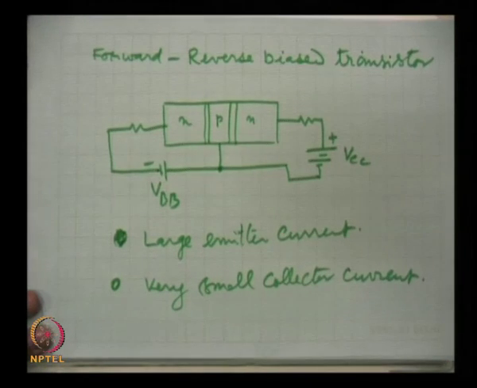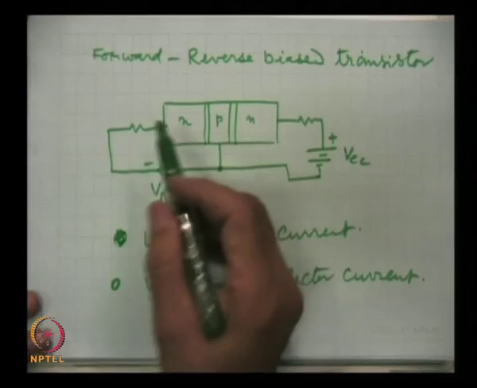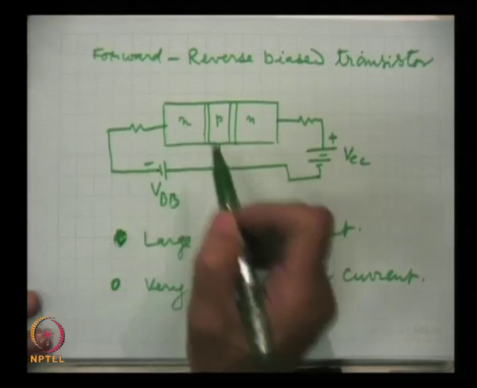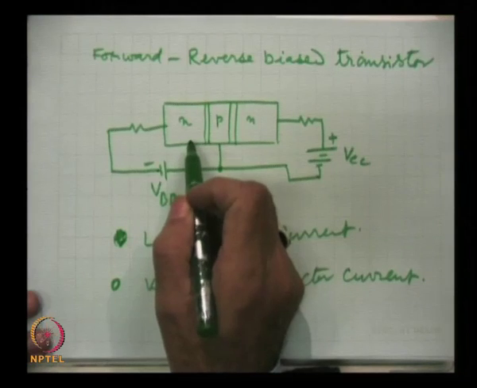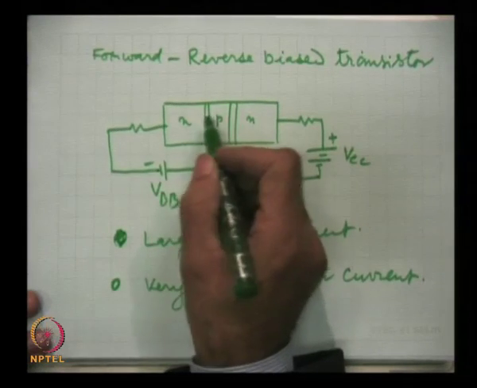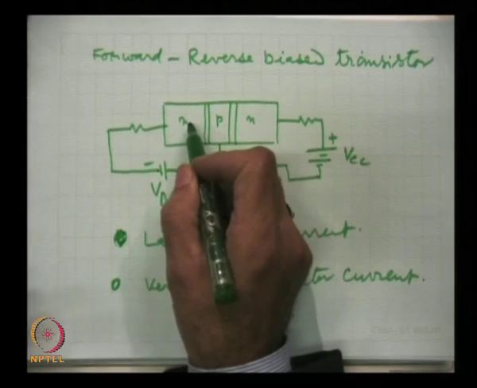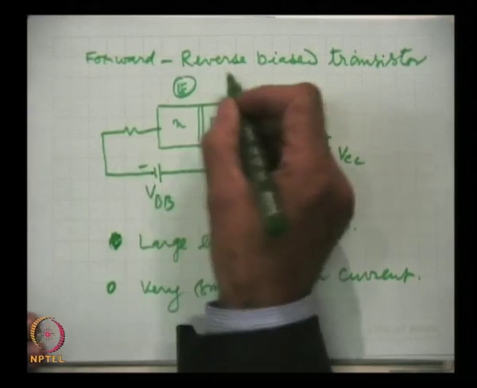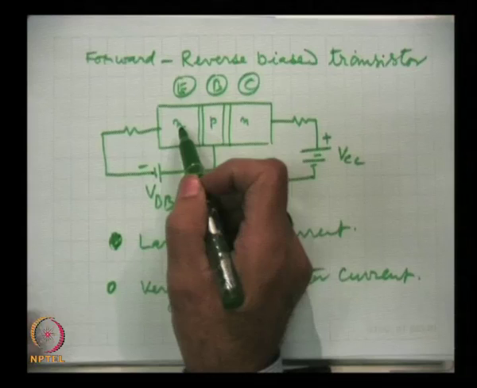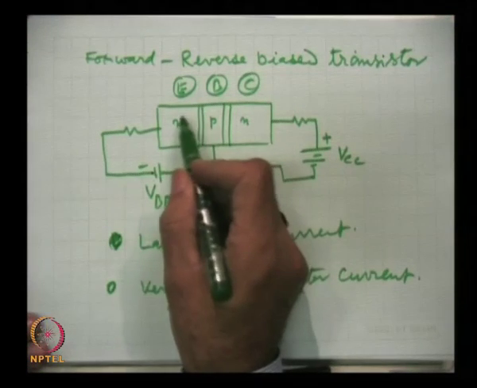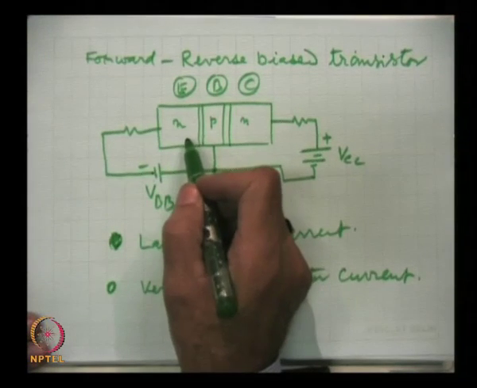This is the expected one, but this actually does not happen. What happens is this. Now, this is very important: when the emitter junction is forward biased, and remember that this is emitter, base, collector, the emitter is heavily doped. So, the electron density is very high.